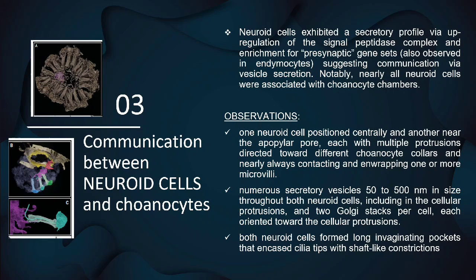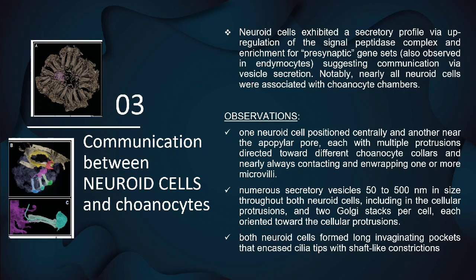Third, both neuroid cells formed long invaginating pockets that encased cilia tips with shaft-like constrictions. These observations suggest a dual role for neuroid cells in intercellular communication and in the clearing of bacteria or cellular debris within guanocyte chambers.